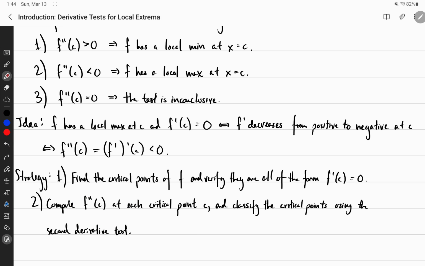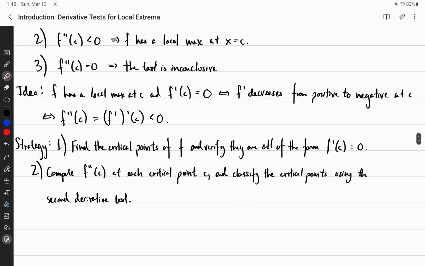So maybe you're asking, why do we have two different derivative tests to classify the local extrema? The reason for it is this. There are some trade-offs. The first derivative test only involves the first derivative, so in that sense maybe it's a little bit simpler, and it'll always work. You just figure out the sign of the derivative on each of the subintervals. It's pretty fail-safe.